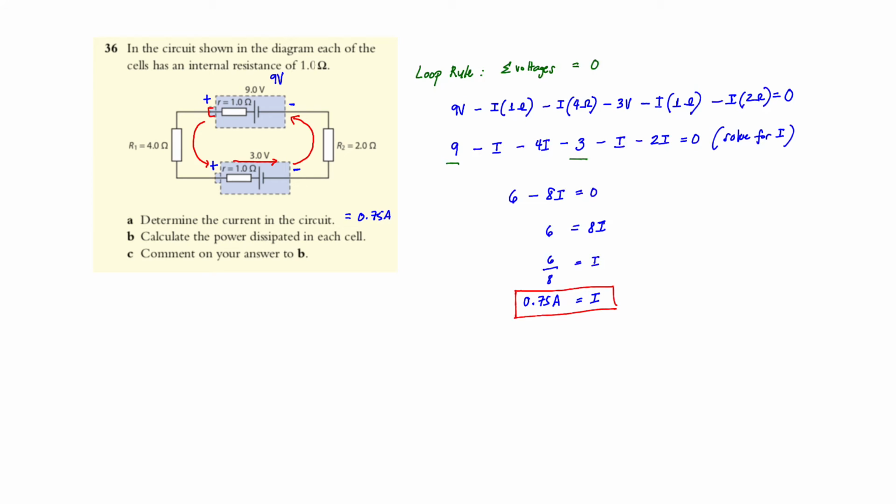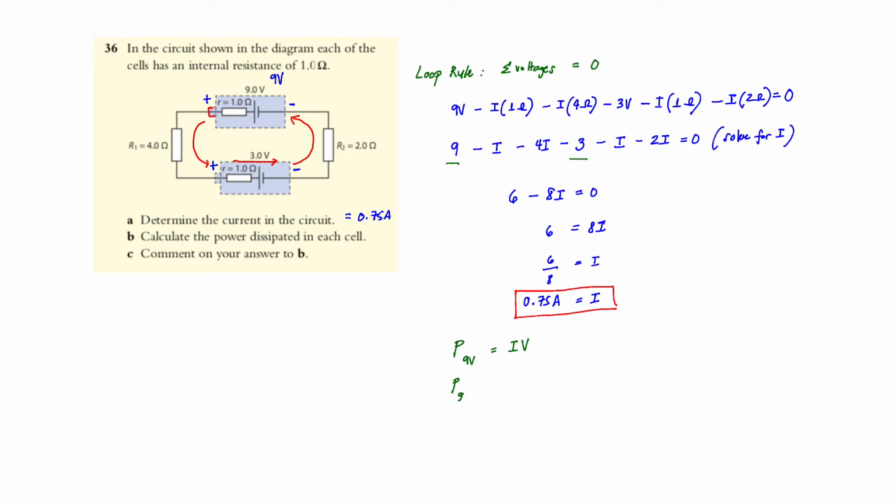Now, how about calculating the power dissipated in each cell? How about the power in each battery? For the power in each battery, the power at 9 volts would be the current multiplied by the voltage.